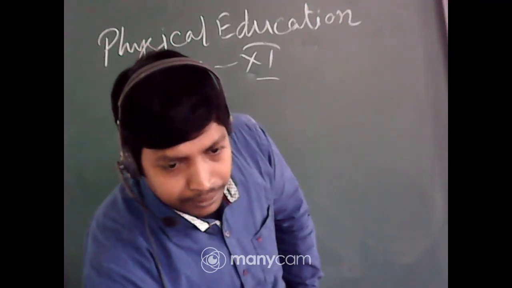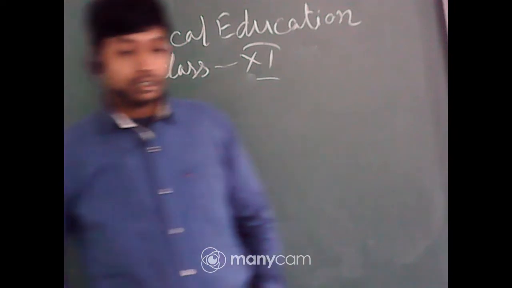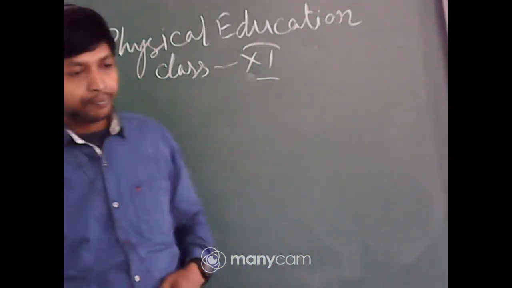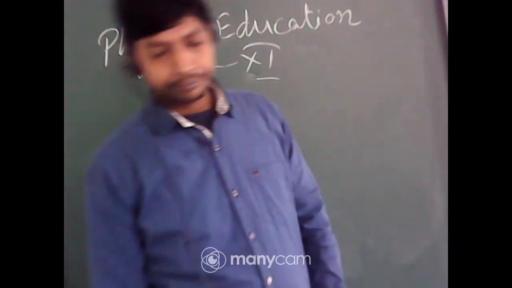In the chapter of test and measurement, two portions are left, that is waist hip ratio and anthropometric measurement.